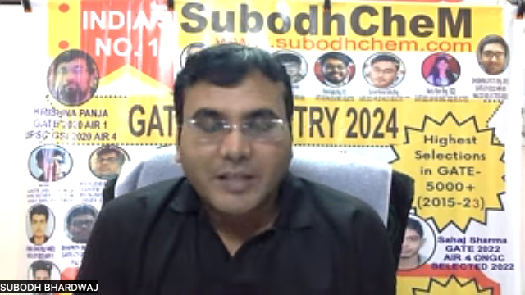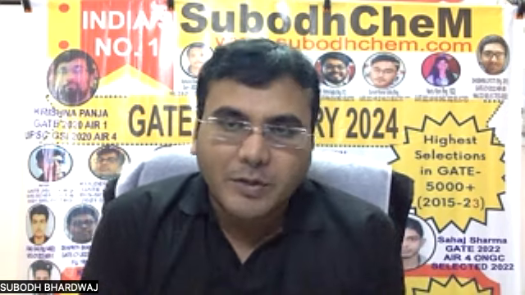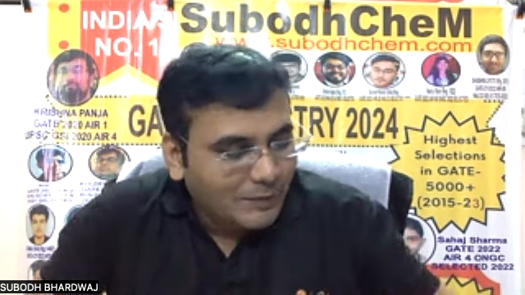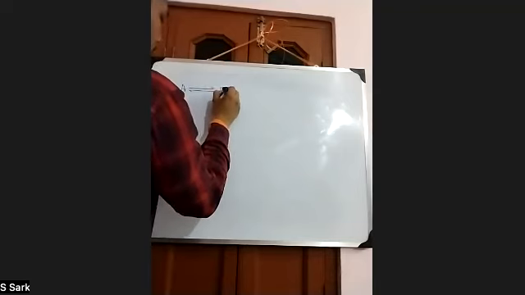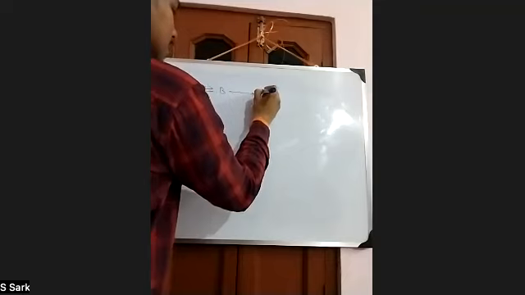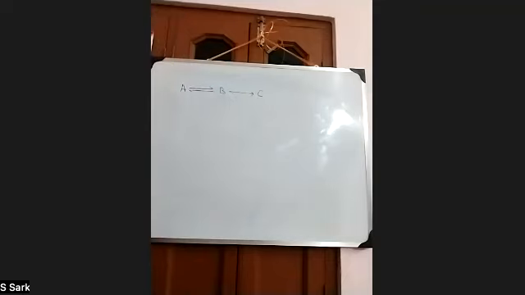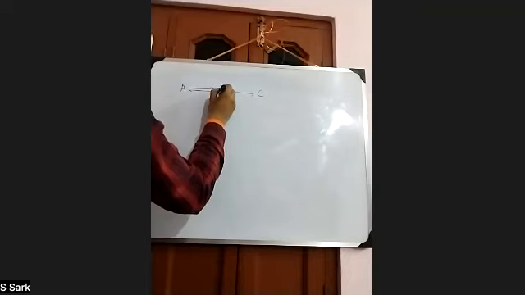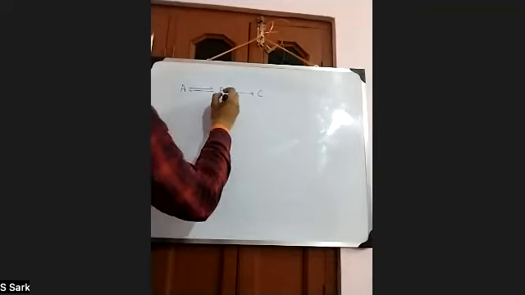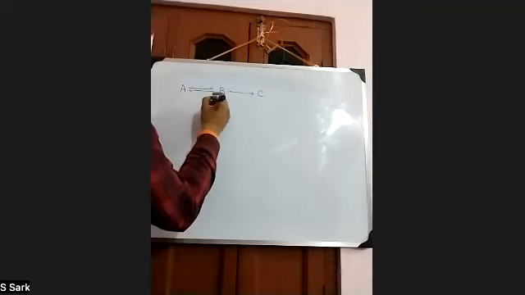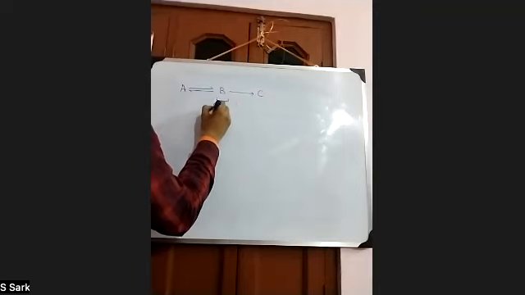Next is what is the main application of steady state approximation and equilibrium approximation. Explain 2-3 points. Okay. In case of steady state approximation, take a reaction which is A producing B and then B producing C. In this case, B is the intermediate.